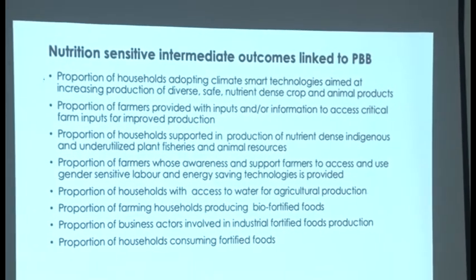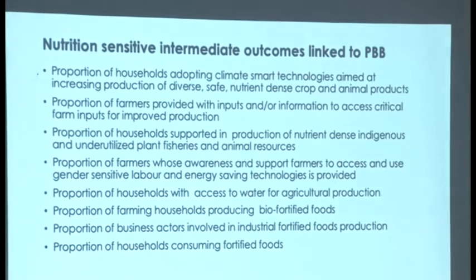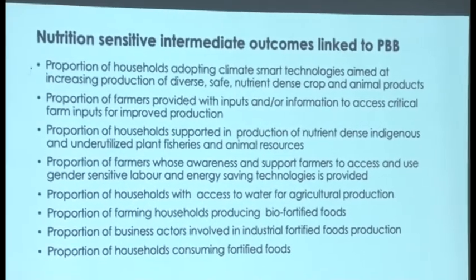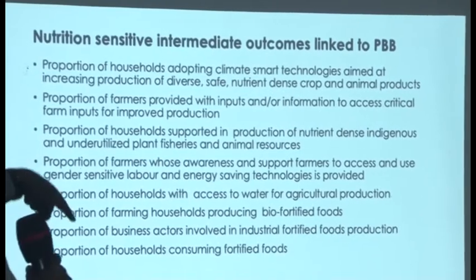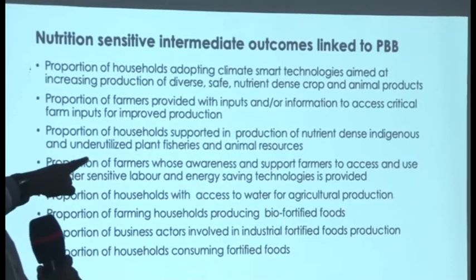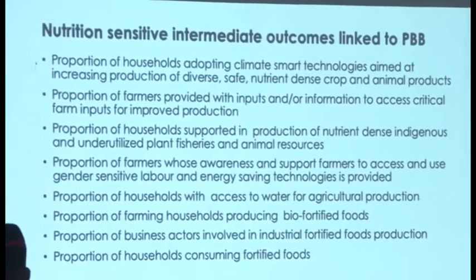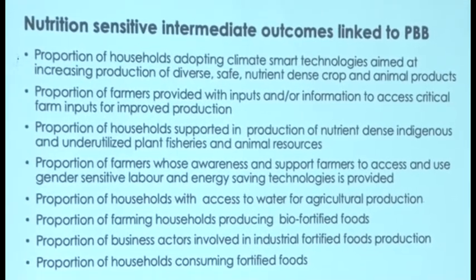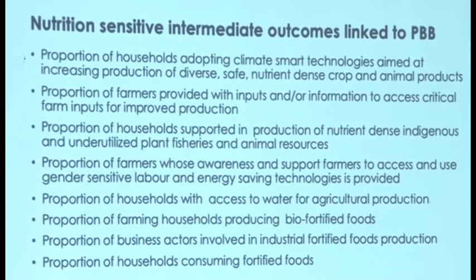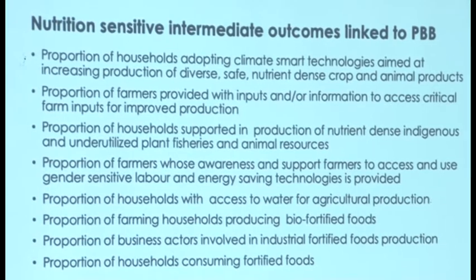Those were more specific. Let's look at some of these. I'm just going to pick; I'm not going through everything. For example, proportion of households adopting climate-smart technologies aimed at increasing production of diverse, safe, nutrient-dense crop and animal products. This falls where? Specific, sensitive, or governance, enabling environment?